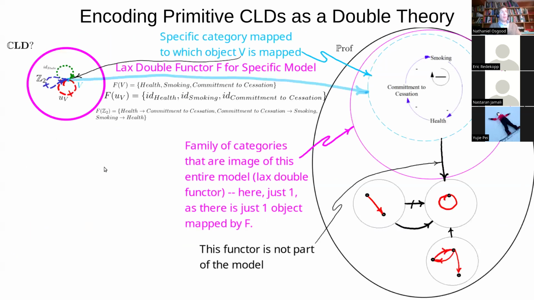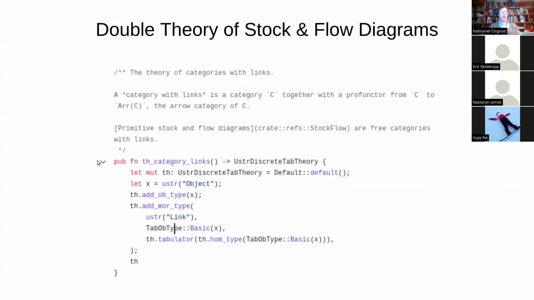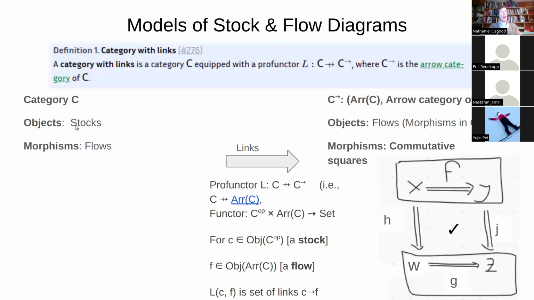You may remember back to when we had causal loop diagrams, this object, we said it kind of turned into a category together with the Lex double functor. It's sort of in this identity pro arrow in the mapping of that, it turns into a category. And here, this turns into a category C. It's a plain old category.